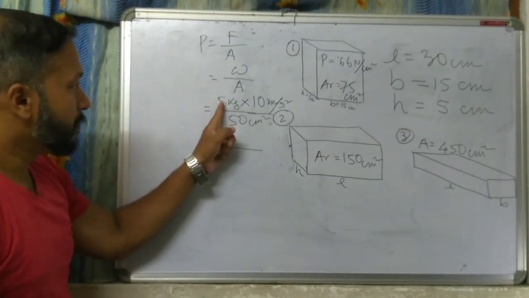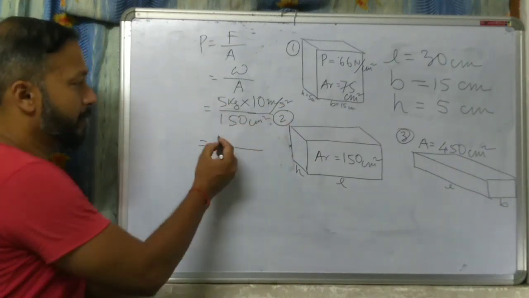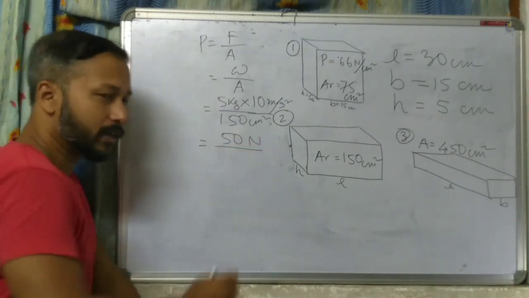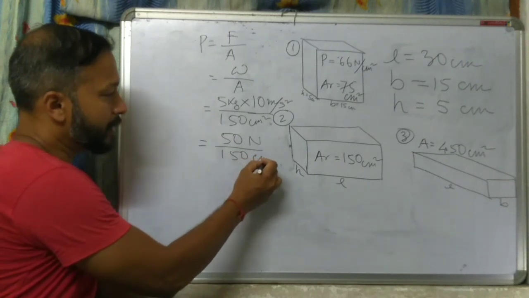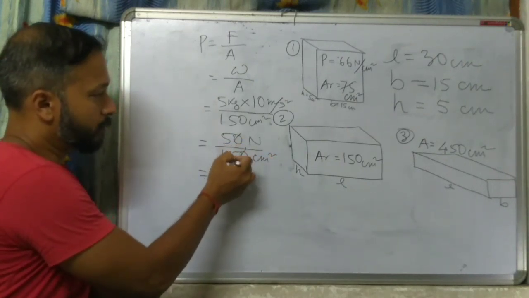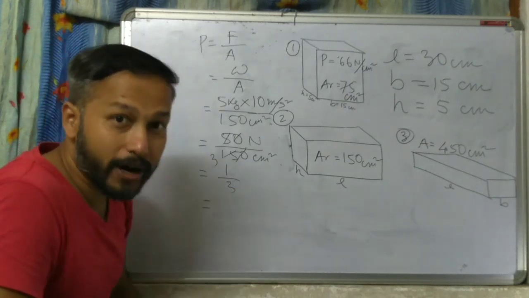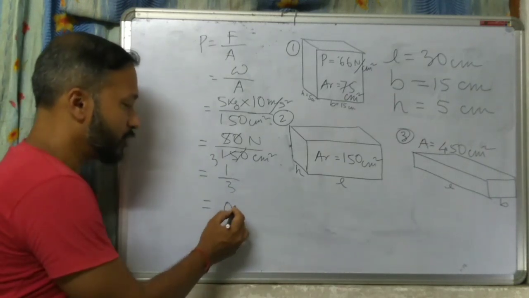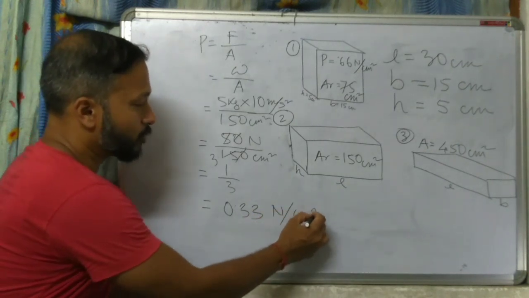So the unit is 50 Newton by 150 centimeter square. So 1 by 3, that is 0.33, something like that. 0.33 Newton per centimeter square.